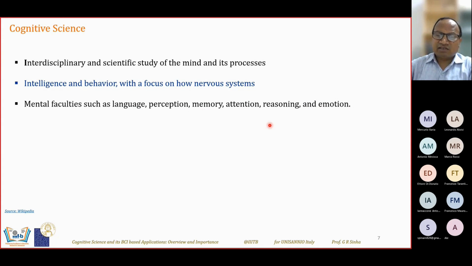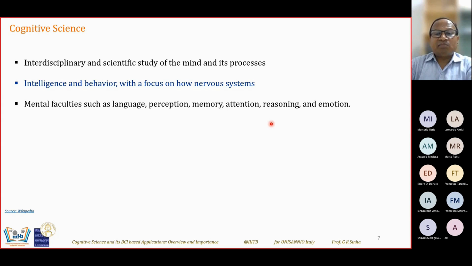I believe that in the beginning, when you are listening to me about cognitive science and its introduction, you might not have come across all these terms, and you might think this is very new, but at the same time it's very interesting.